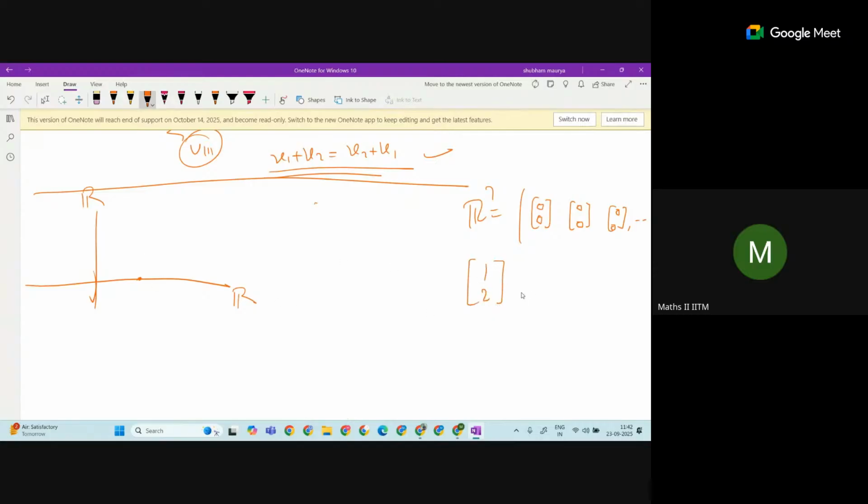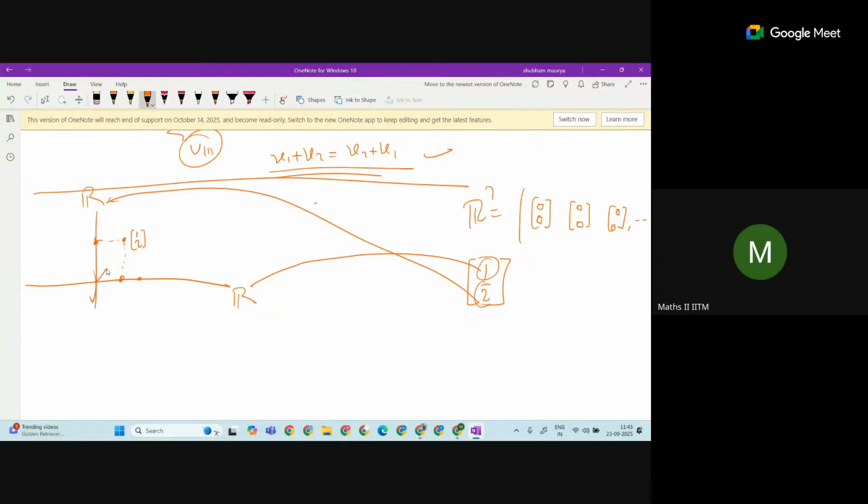The first number goes with this axis, so somewhere here is 1, and the second, 2, is somewhere here on the vertical line. Here we are not doing complex, we are doing R2. So 1 and 2 finally represent the vector here.